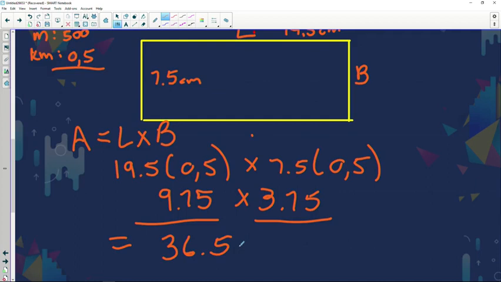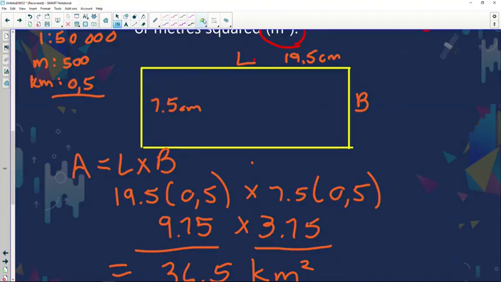And what will the answer be expressed in? In square kilometers.